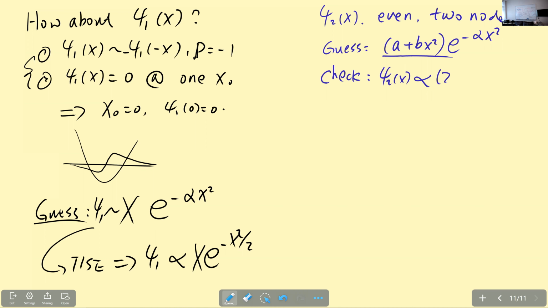So you can see that I cannot remember the coefficients. So you don't need to remember these coefficients either, okay? But you know that you just insert this into the equation. And similarly, you find the third state will be x times something, since you have one solution at x equal to 0. So you must write x times something, right?